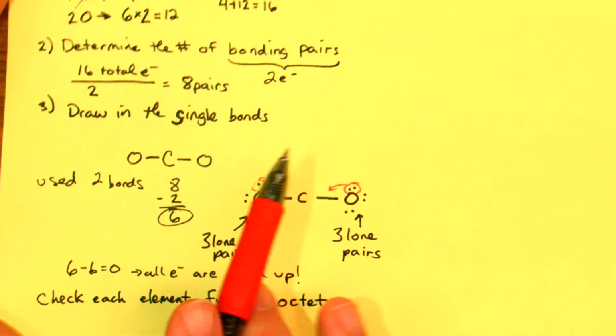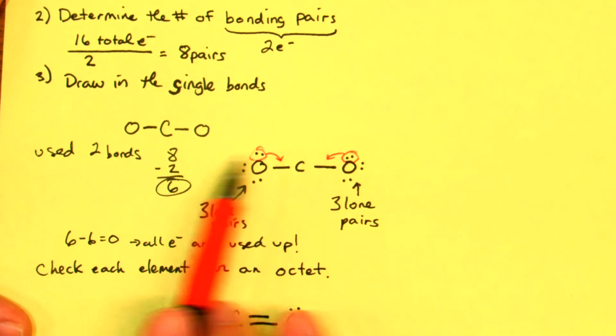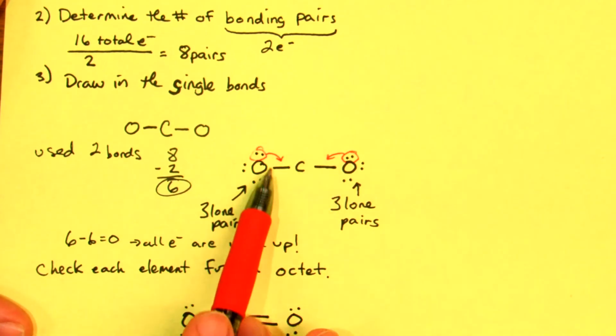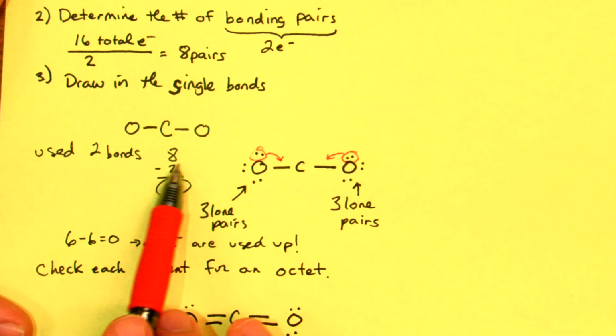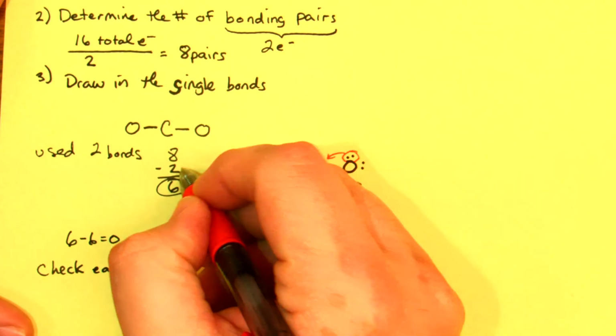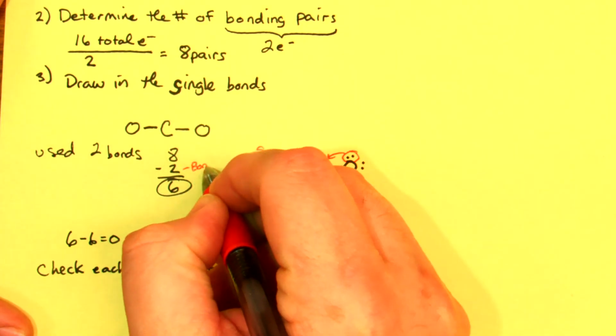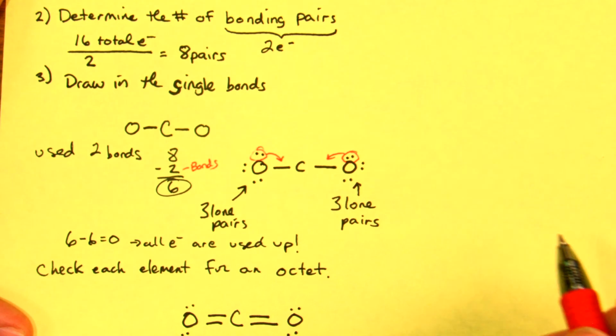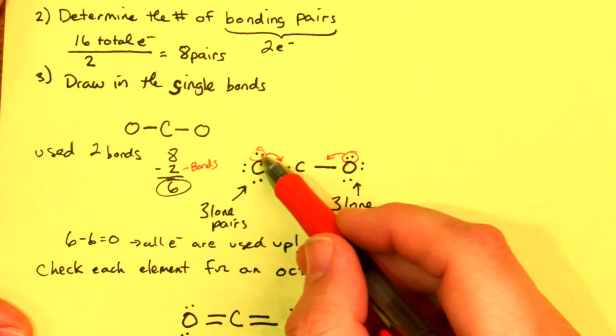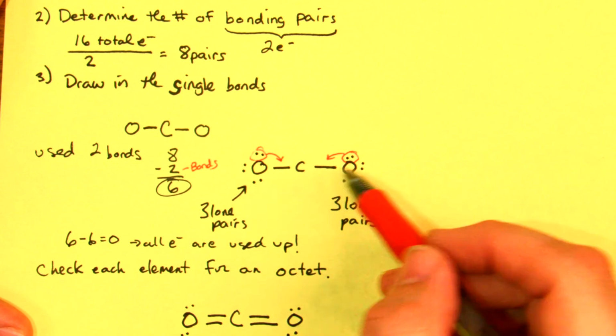Then subtract off the number of used bonds, and that'll tell you how many pairs are left over. And then you start filling in the outer, the terminal elements to make sure that they have the octet.